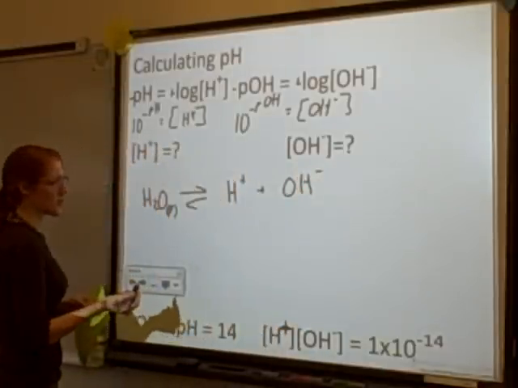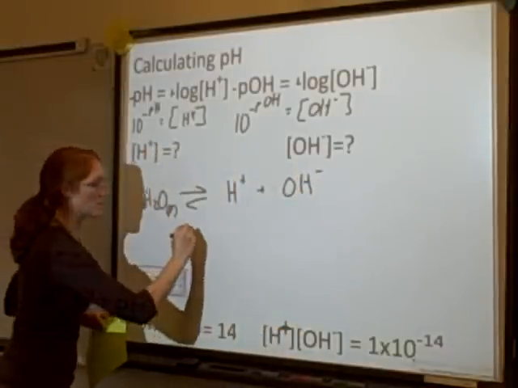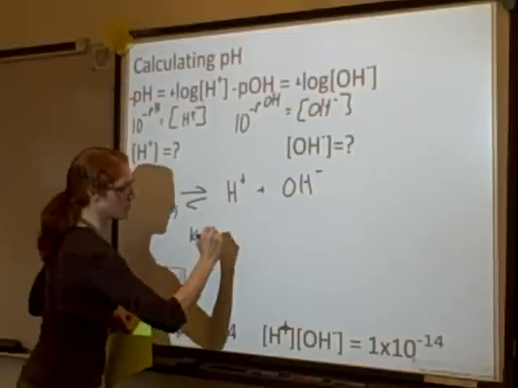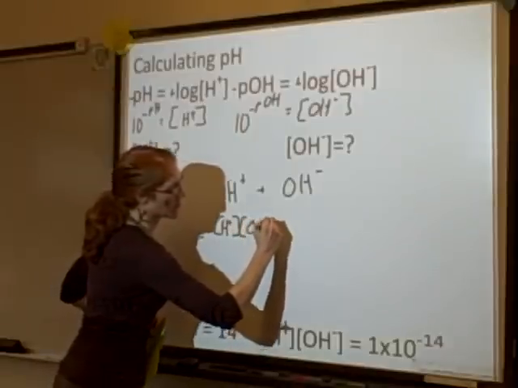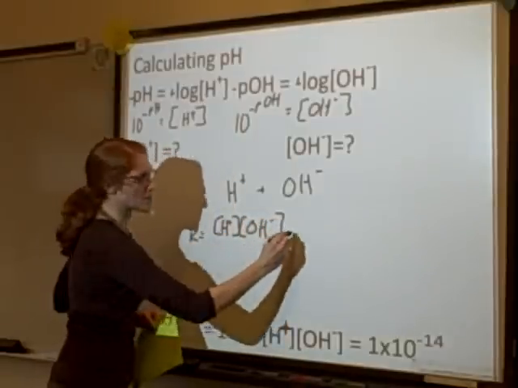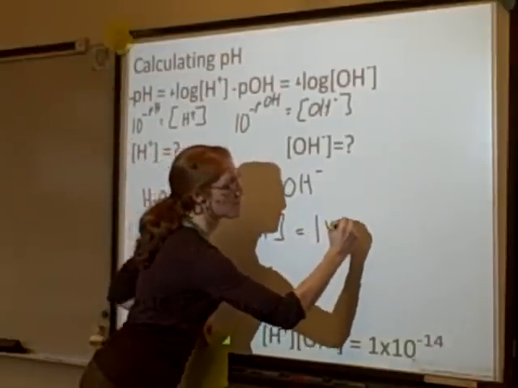So the K expression for that, I leave the liquid out, K is equal to the concentration of H plus times the concentration of hydroxide, and that happens to equal 1 times 10 to the negative 14th.